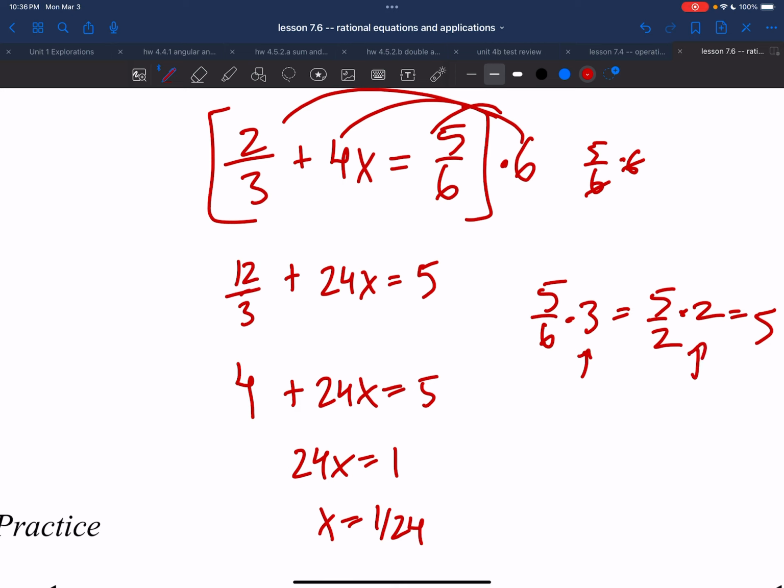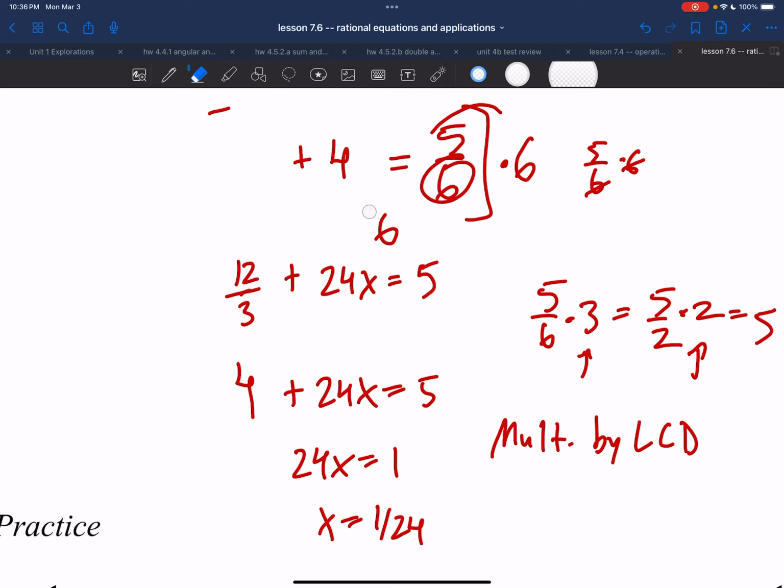What you're doing is multiplying by the LCD, the least common denominator. Between 3 and 6, the least common denominator is 6. So you would multiply by 6, and this eliminates all of your denominators.